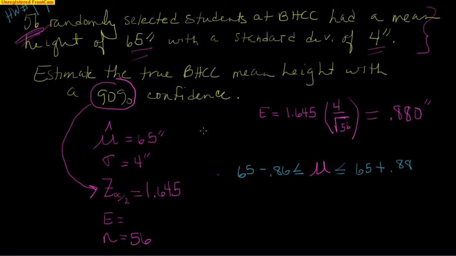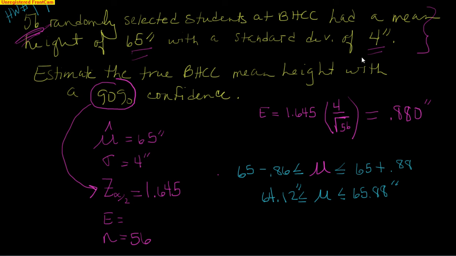If you do that on your calculator, then the true mean is going to lie between 64.12 and 65.88 inches. That is where the true mean of Bunker Hill students' heights lies.